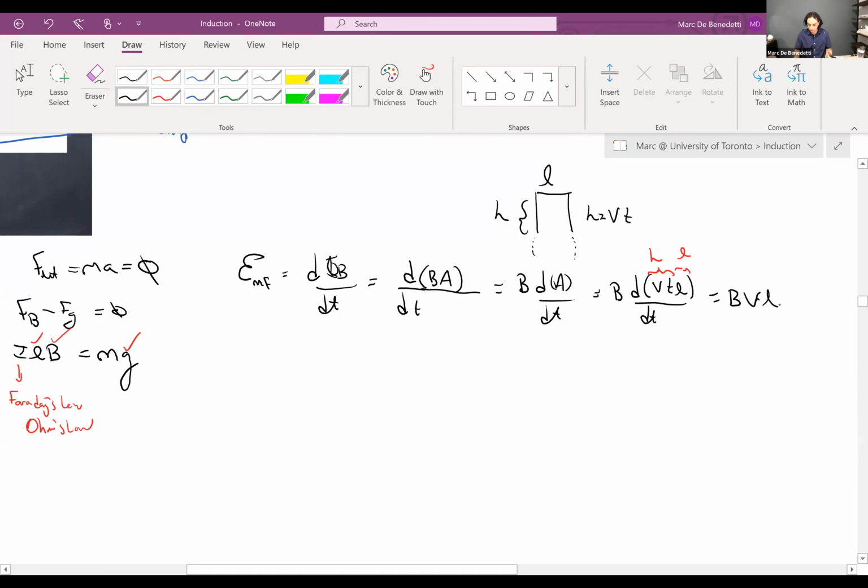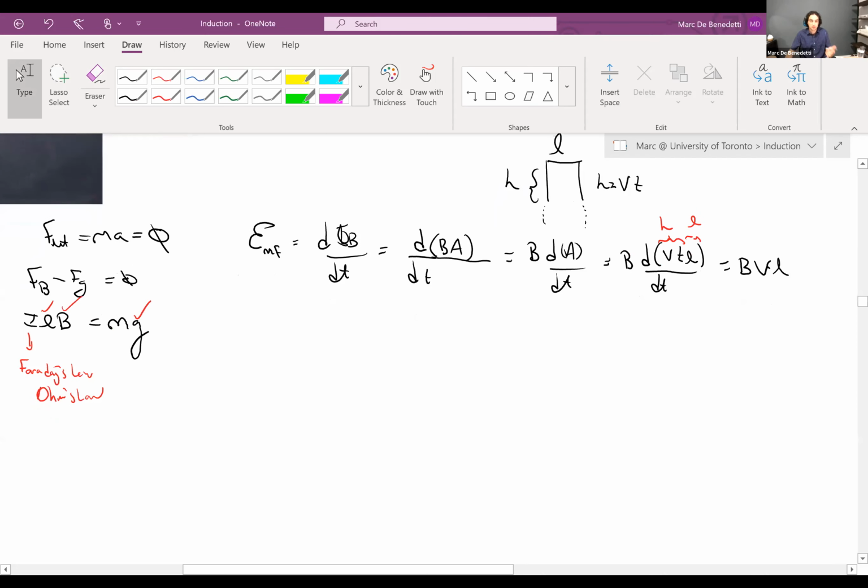Area is length times width, or in this case, length times height. So length is a constant, so you can factor length out of the derivative, so BL, and then the derivative of vt with respect to time is just v. Or you can even just factor out v, because v is also a constant. So the derivative of t with respect to t is 1. However you want to think of the math, it's the same thing. So vBL, there's your equation, and that's the induced voltage.